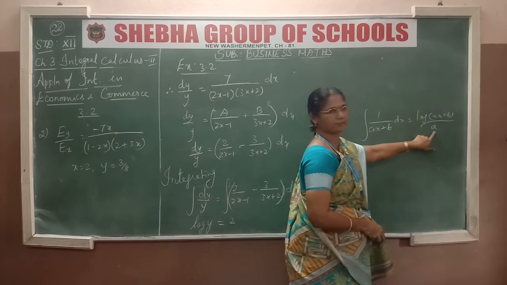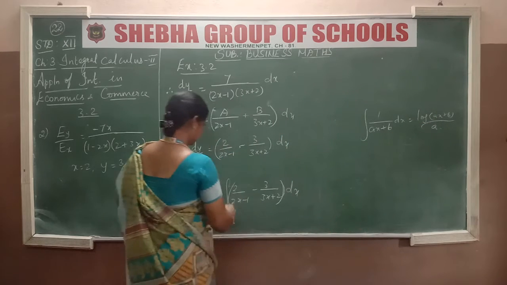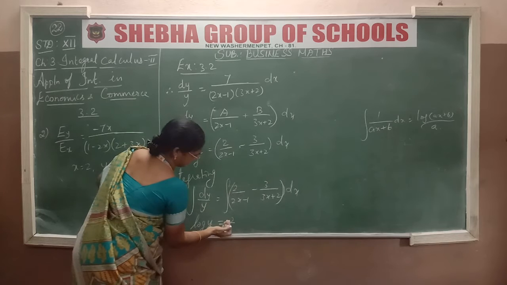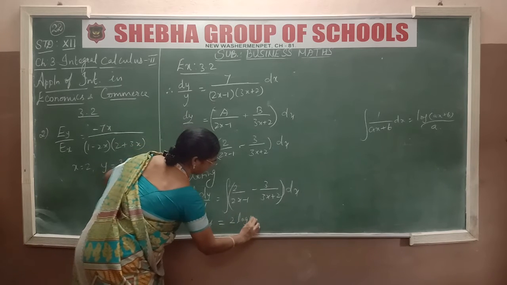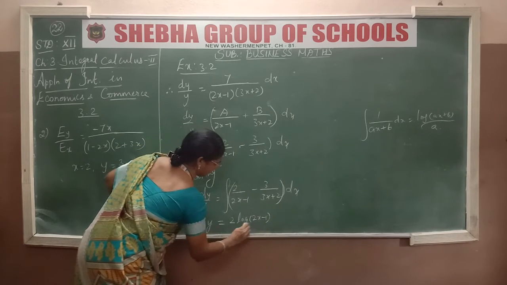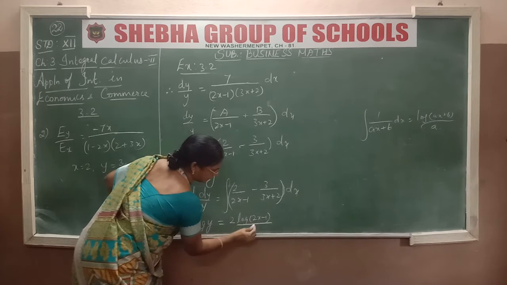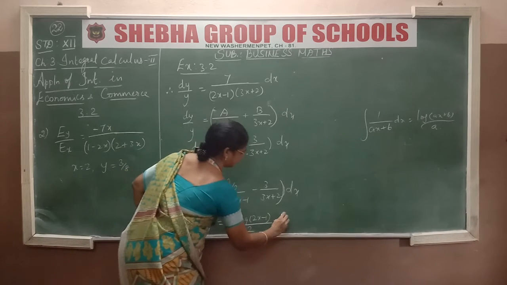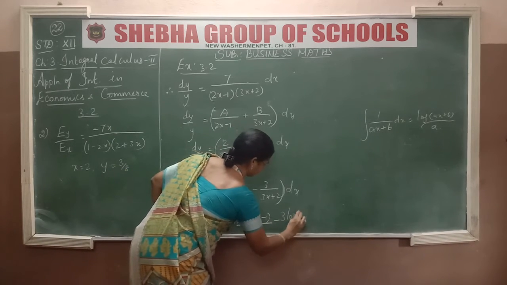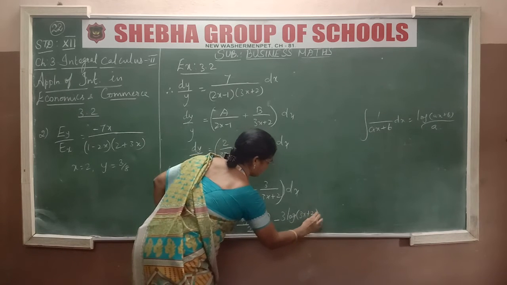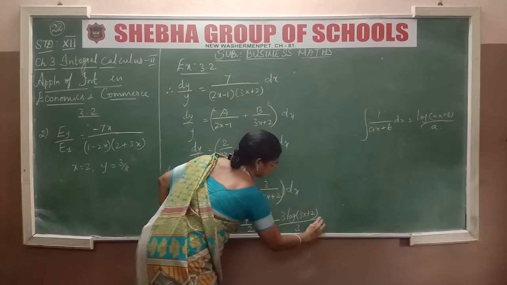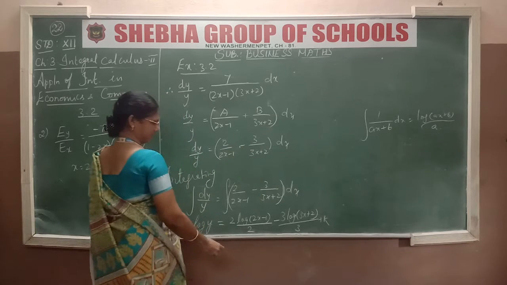So using this here, 2 is constant taking outside, log of 2x minus 1 by the coefficient of x which is 2. Similarly, minus 3 into log of 3x plus 2 and its coefficient is 3, plus some constant of integration, take as k.